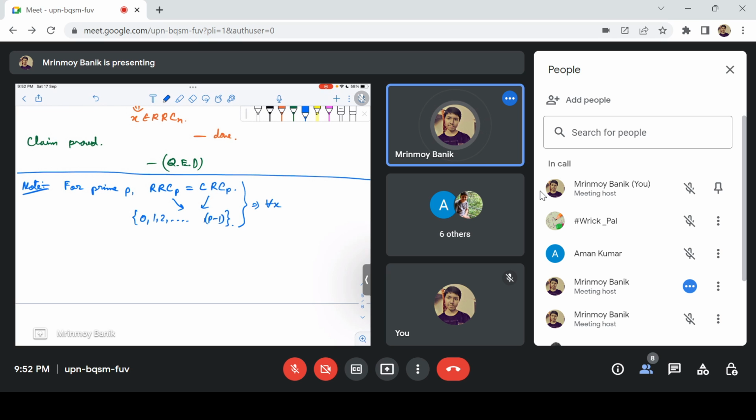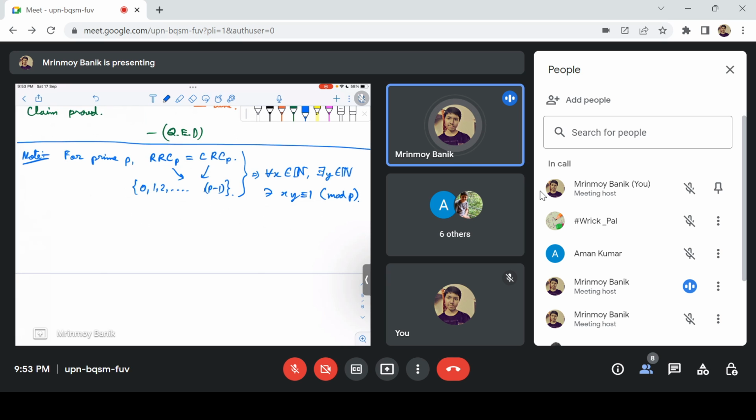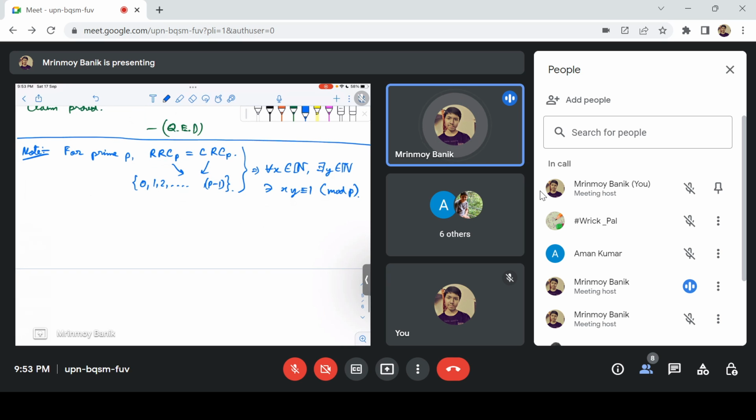that implies for all x in N, there exists y in N such that xy is 1 mod p. So each natural number actually has an inverse in this case when the divisor is a prime number.